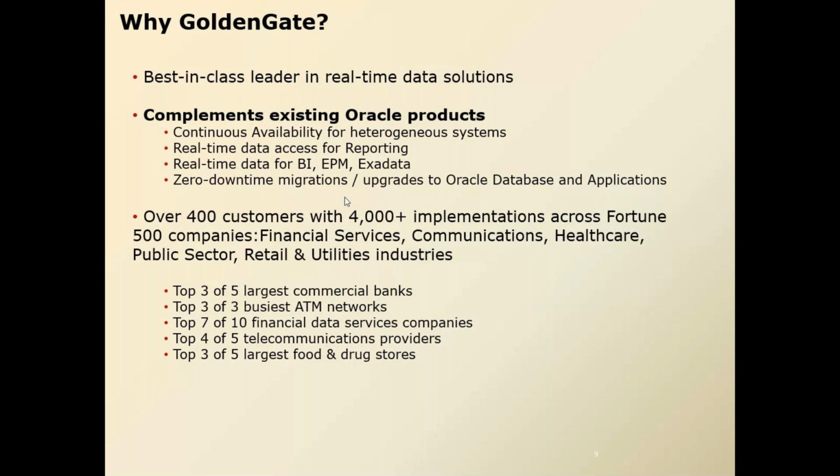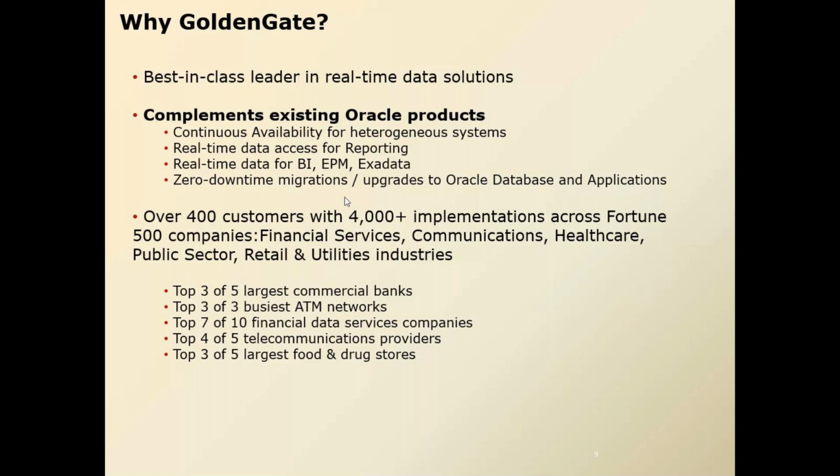So organizations are migrating their databases from cloud to on-prem, right? Or they are upgrading their database from one version to another version. So they are using Golden Gate so that there is zero downtime. That means the application is not down even for a second. How is this done? They are using Golden Gate for that. So you can use Golden Gate for zero downtime upgradation and migration to cloud, on-prem, whatever you want to do.